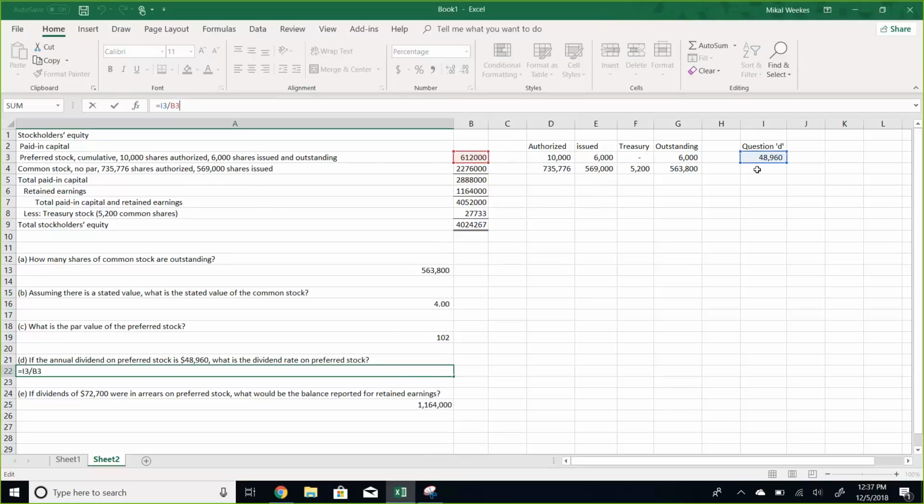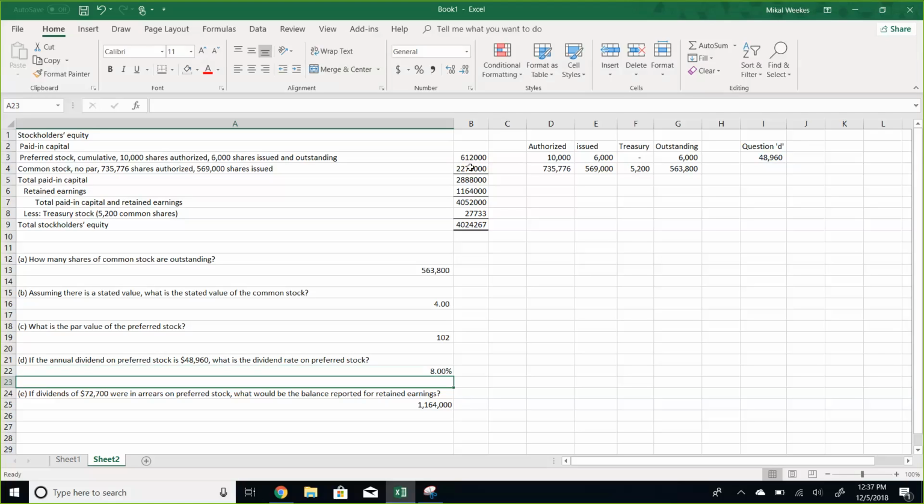We just take the dividend amount, and we're going to divide that by, we don't want to divide it by the number of shares. We want to divide it by what's in the account to figure out what the dividend rate is. And so on the preferred stock, the dividend rate would be 8%. That's how much you're making per preferred stock.